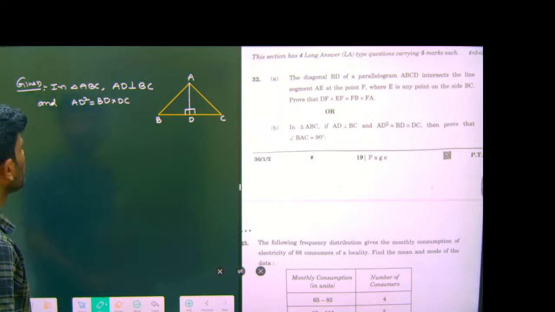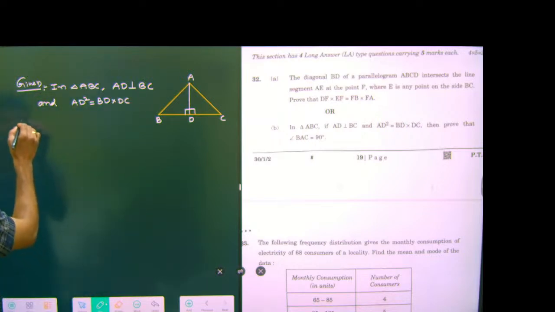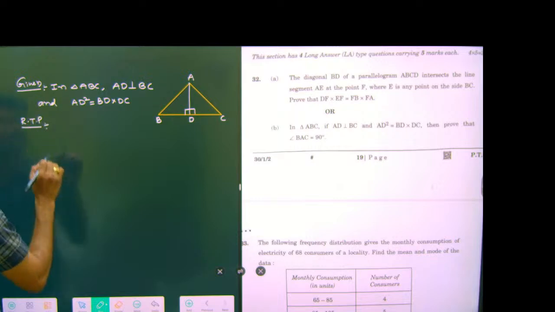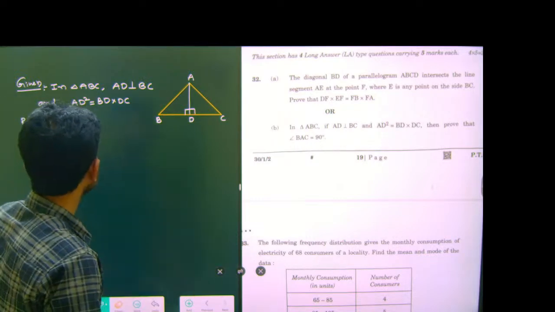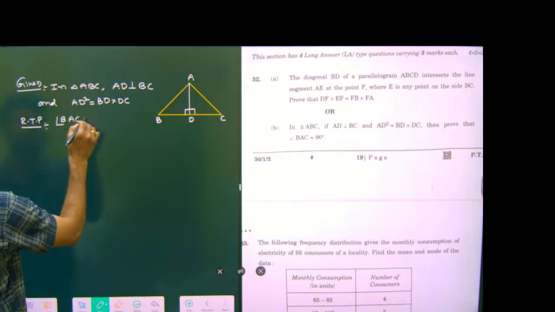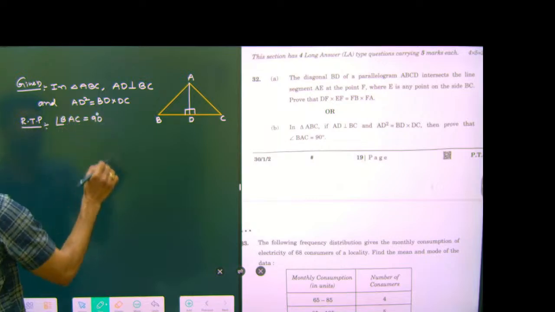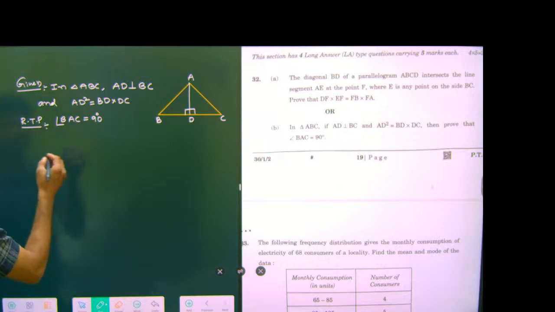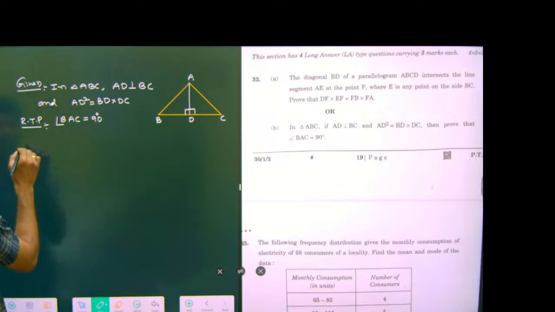What they are asking to prove, required to prove, is angle BAC is equal to 90 degrees. This can be done in two ways, but we will discuss the similarity criterion method.